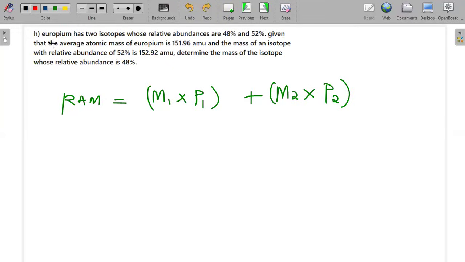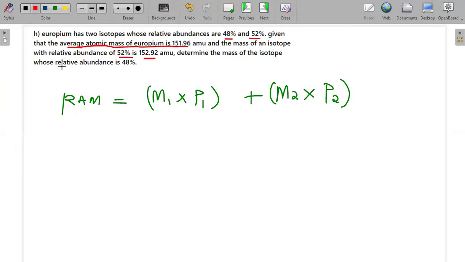If we read the question, they're saying europium has 2 isotopes with these relative abundances. These are the percentages. Given the average atomic mass of europium is this, the average atomic mass is the RAM they are talking about. The mass of the isotope with relative abundance 52 is this.